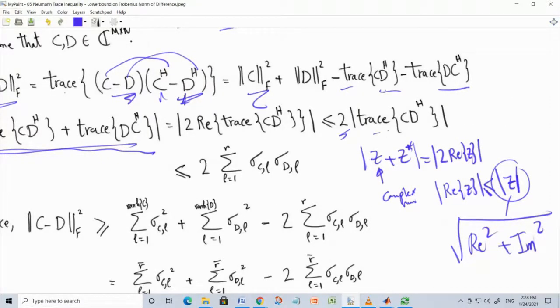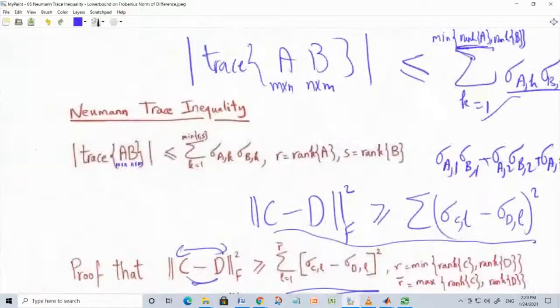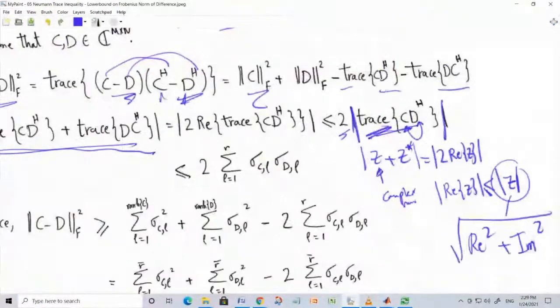Now you find the trace of the product of two matrices, and you find its magnitude. So something should alarm you that perhaps this is a place where you can apply the von Neumann trace inequality. It's exactly this: an upper bound on the magnitude of the trace of the product of two matrices. Here our two matrices are C and D Hermitian, and we are interested in an upper bound on the magnitude.